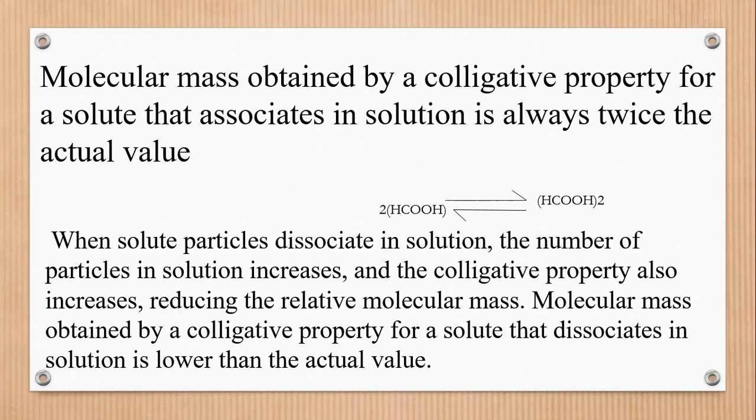Then when solute particles dissociate in solution, the number of particles in solution increases. Now when the number of particles in the solution increases, the colligative property also increases. This reduces the relative molecular mass. Molecular mass obtained by colligative property for a solute that dissociates in a solution is always lower than the actual value.